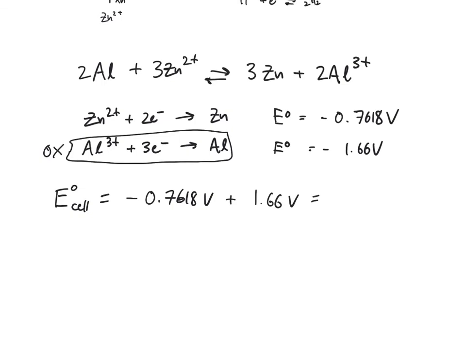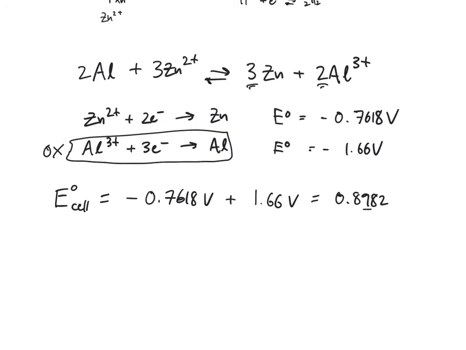And you might be asking, why don't we multiply times the 3 and the 2 for the reaction? And the answer is because these E naughts are intensive quantities, and the stoichiometric coefficients don't actually matter in this case. So let's add those two together, and we find an overall cell potential of 0.8982, where it looks like my sig fig is that digit right there.